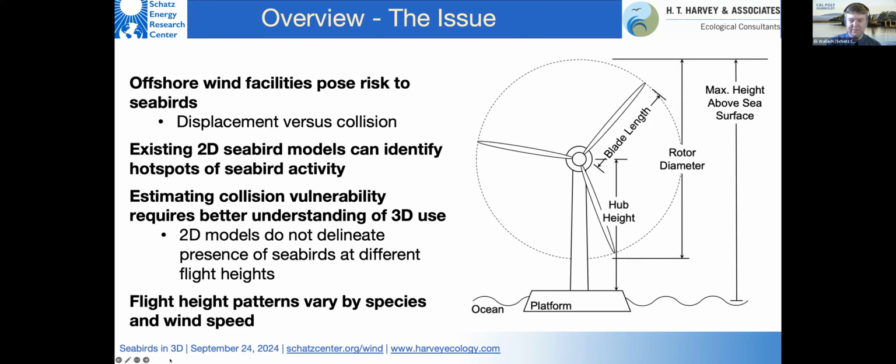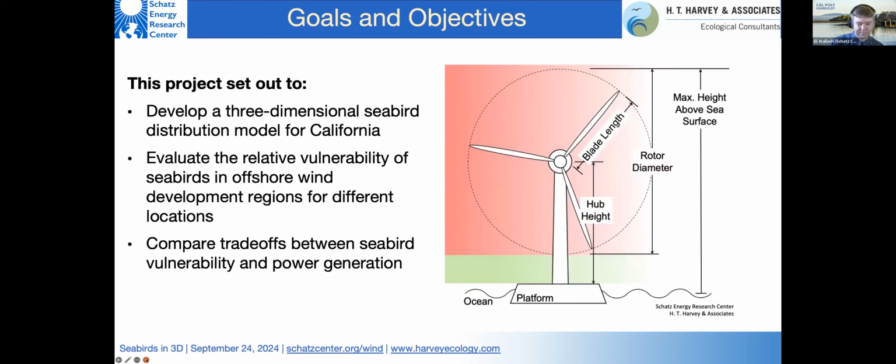Additionally, these flight patterns for each species adapt to respond to different ocean conditions, particularly wind speeds. These complications make it challenging to estimate potential impacts using existing 2D distribution models. Understanding how each seabird's flight pattern changes with wind speed, and how this might cause them to interact with rotor-swept elevations, will give a better sense of their vulnerability. Next slide, please.